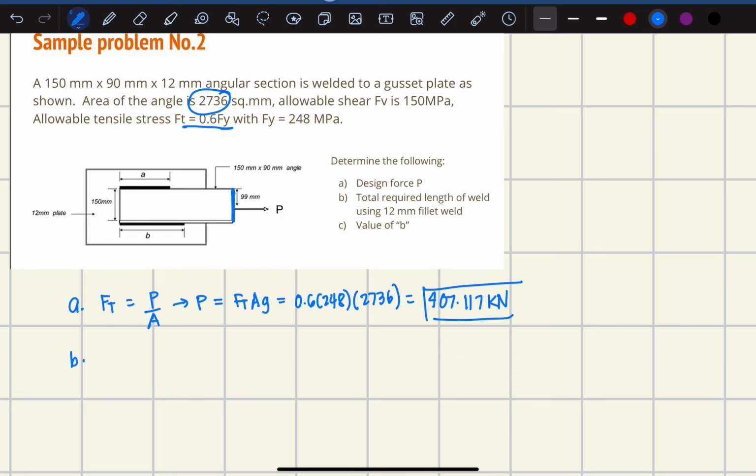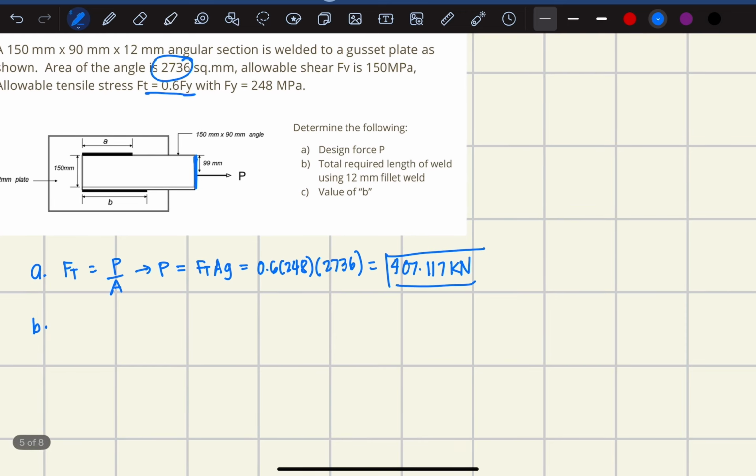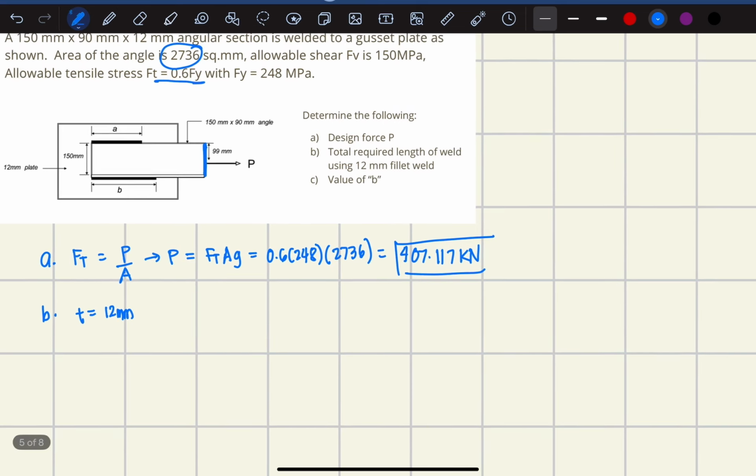Letter B, total required length of weld using 12 mm fillet weld. Given that the thickness of the fillet weld is 12 mm, we are asked to find the total required length. We can get that using the general formula of fillet weld, Q is equal to 0.707 times the thickness times the allowable stress, in Newton per mm.